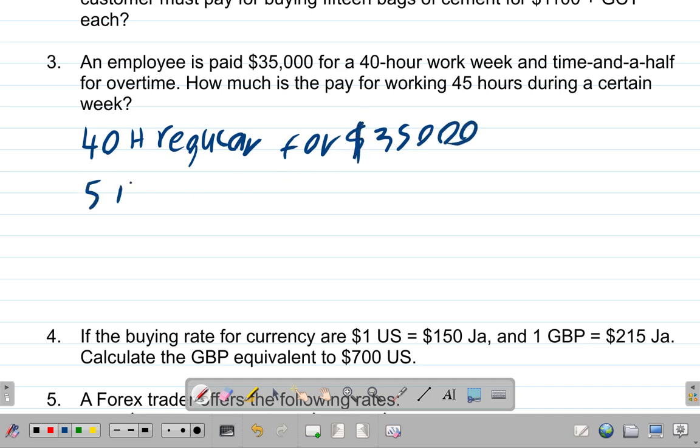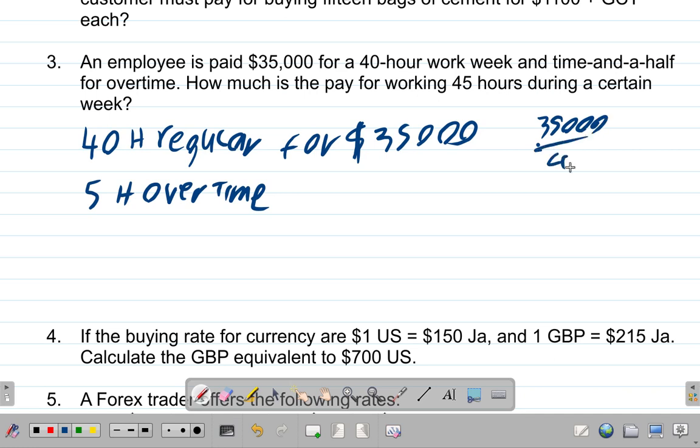But you have 5 hours overtime. Now you need to find out how much money the employee is paid for each hour. Then multiply that by 1.5, because it's time and a half, to find how much money per hour overtime, and then multiply it by 5.